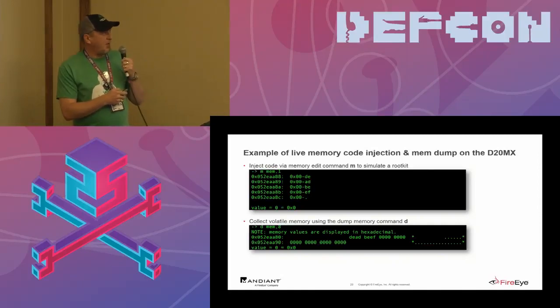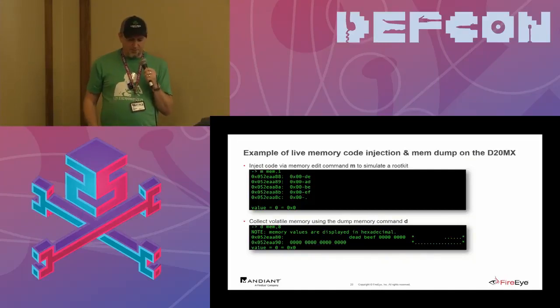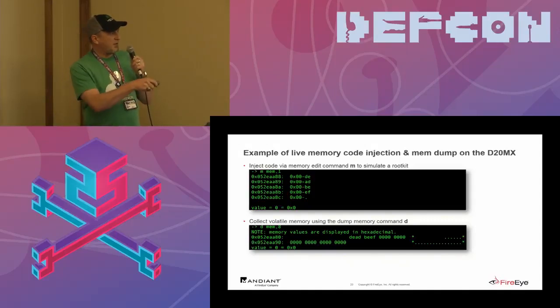Okay, now we're going to put on our evil hat for a minute, and do a live memory code injection and memory dump on the D20. We used M to do a memory edit, and then we put in DEADBEEF, and you can see it there.